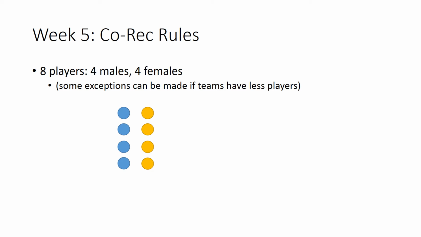There are some exceptions to this if teams have less players, and those rules also vary from campus to campus across the country. For that reason, we're only going to be talking about plays that have 4 males and 4 females in this presentation. There are a number of differences between co-rec rules and 7-on-7 flag football rules.